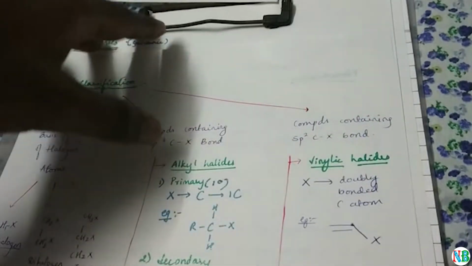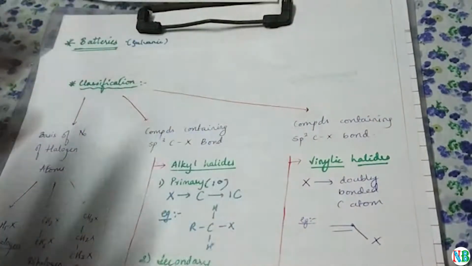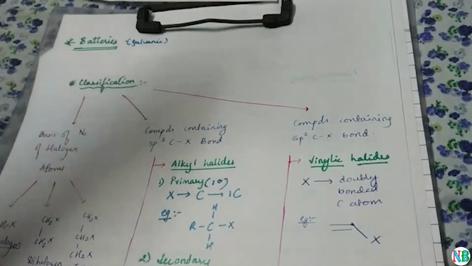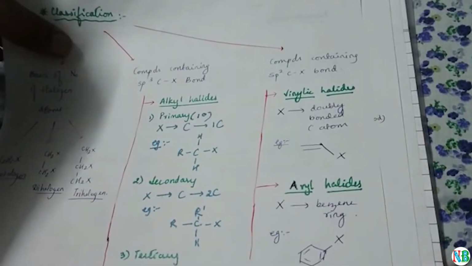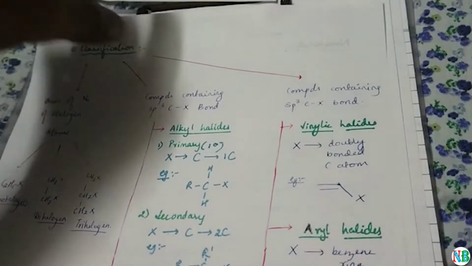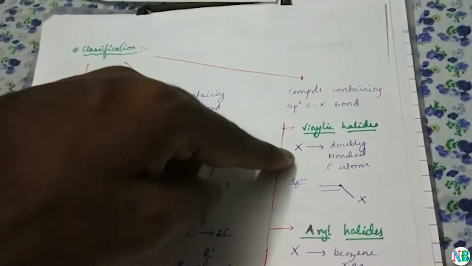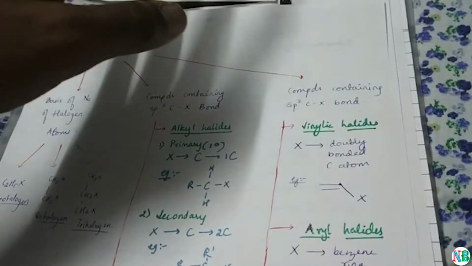Now moving forward. Compounds containing sp2 C-X bonds. The third classification of haloalkanes is compounds containing sp2 C-X. As said before, sp2 is the structure of the carbon atom which is attached over here. In that we have vinylic halides and we have aryl halides. So what are vinylic halides? The halogen is directly attached to a doubly bonded carbon atom.